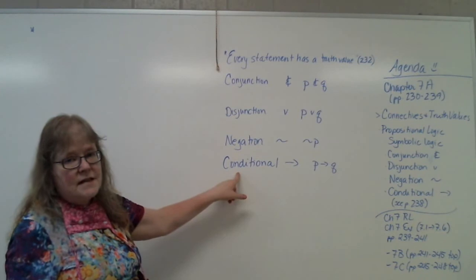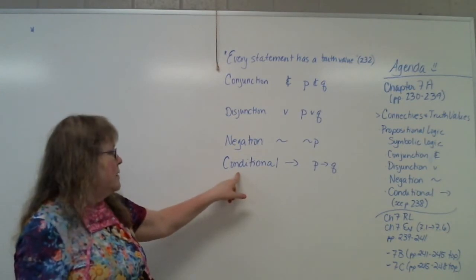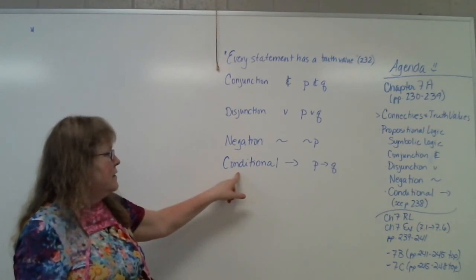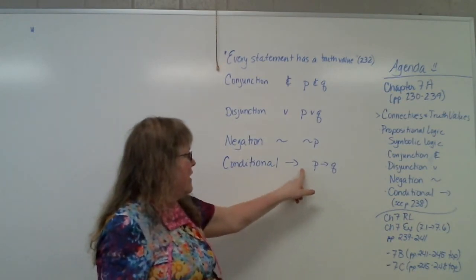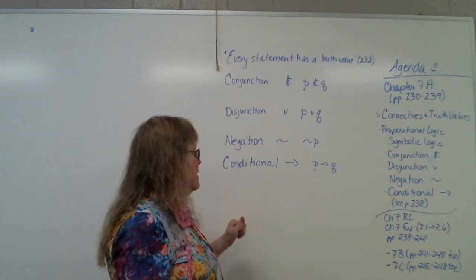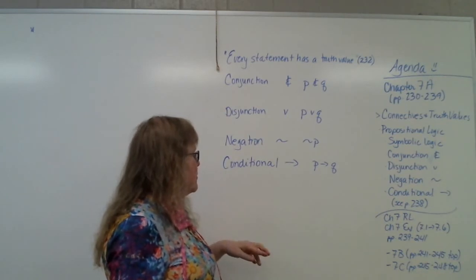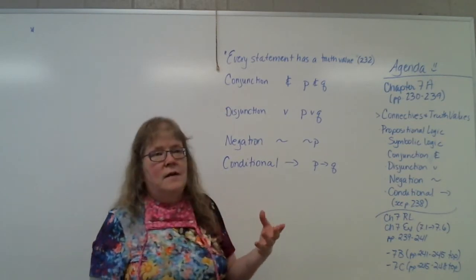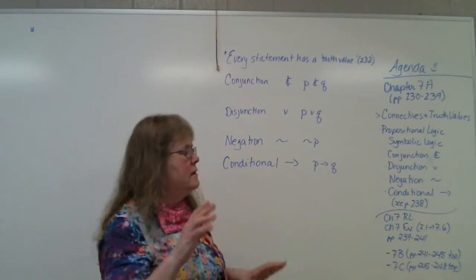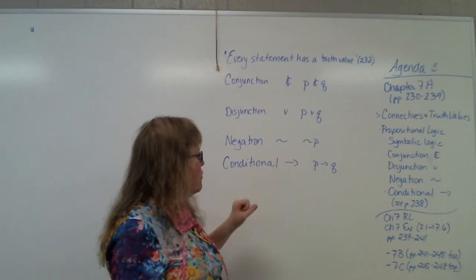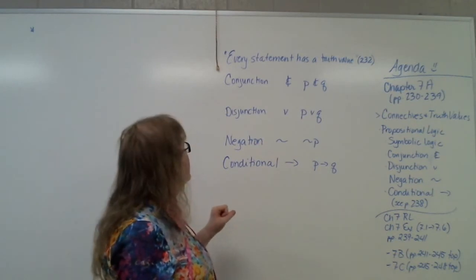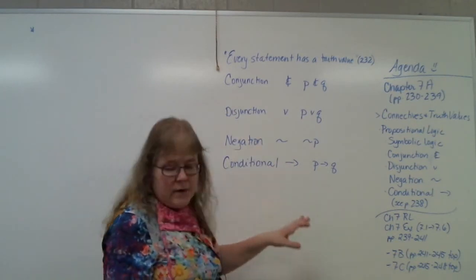The antecedent is the if, and the consequent is the then. And it's an arrow, so it's 2 dashes and that greater than sign. And that way you get those to come up right. Sometimes your program will make it a big arrow then. Don't stress, it's okay. Just make sure you have your arrow going the right direction, that's all. Okay, so easy peasy that way.